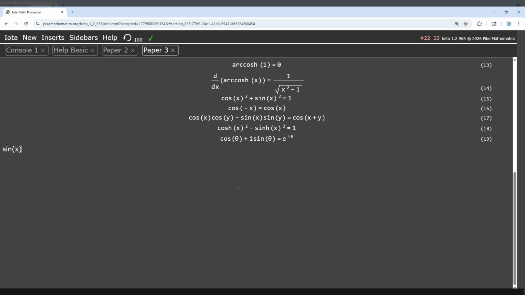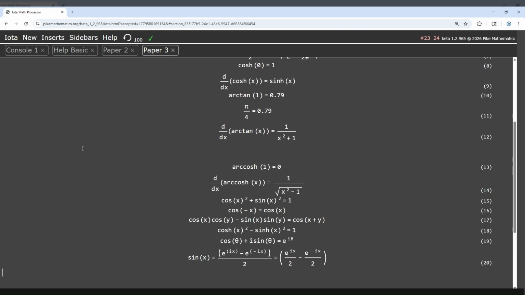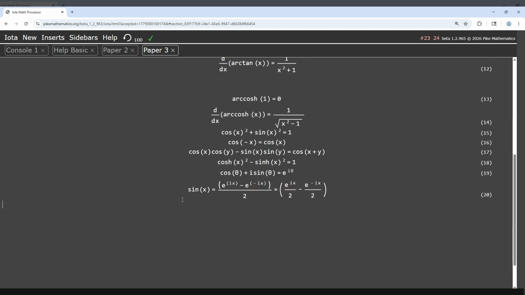The sine of x is equal to e to the ix minus e to the minus ix, and all of that divided by 2. Okay. So this is what sine x is equal to.